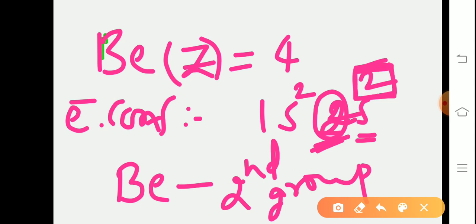The number of electrons in the valence shell represents its group. Got it? Here there is only one s orbital, one subshell. Yes, if there is a p subshell, then how can we find it? Let us see. For that let me take oxygen.